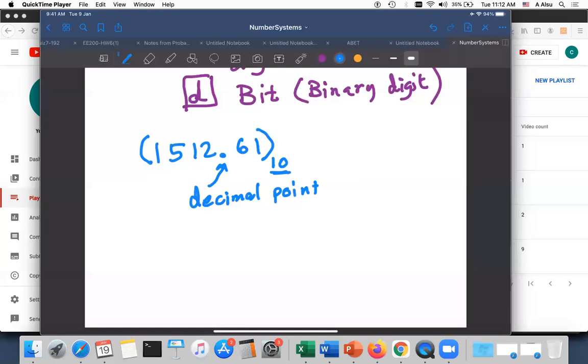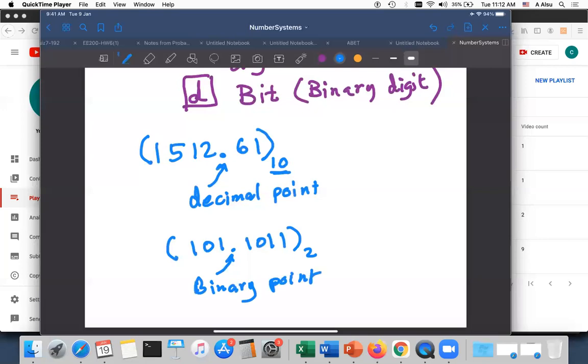However, if it is another base, like for example this one here, this is a binary number. Can we still call this point a decimal point? No. It's not a decimal point, right? It's a binary point. It's a point that belongs to a binary number.